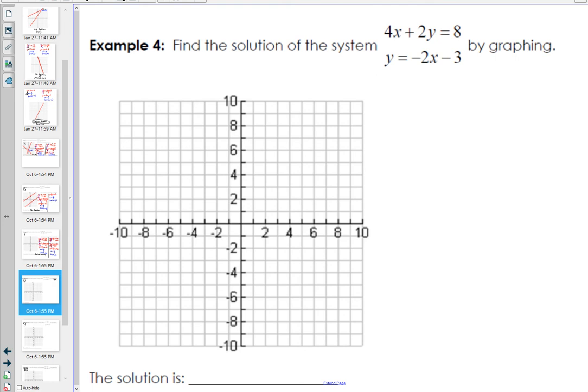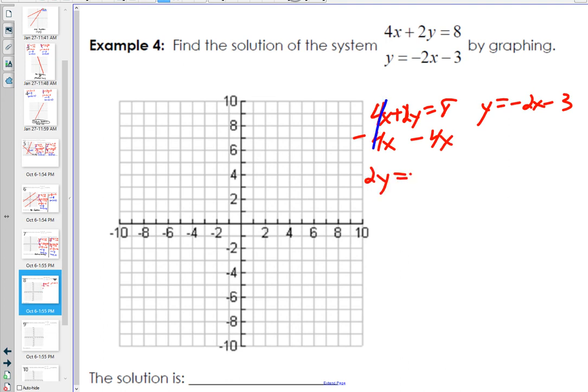Okay, so let's see. First one, 4x plus 2y equals 8. The second one says y equals negative 2x minus 3. So what Hiram did before everybody else with his supersonic speed is he solved for y in the first one, and that gave him negative 2x plus 4.